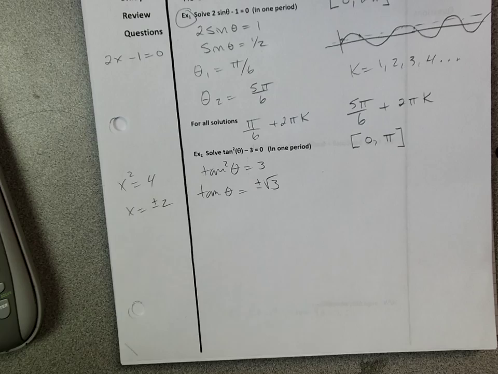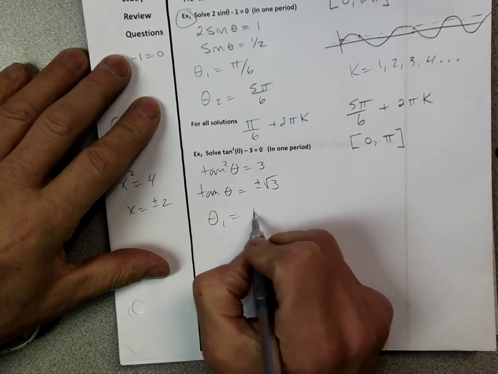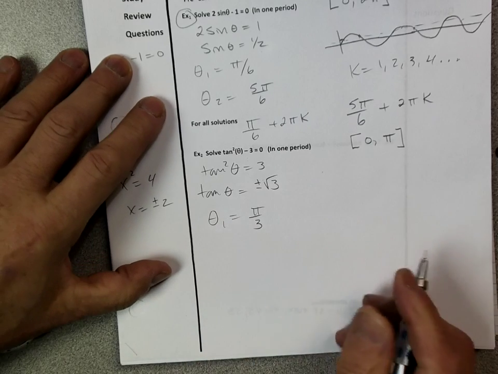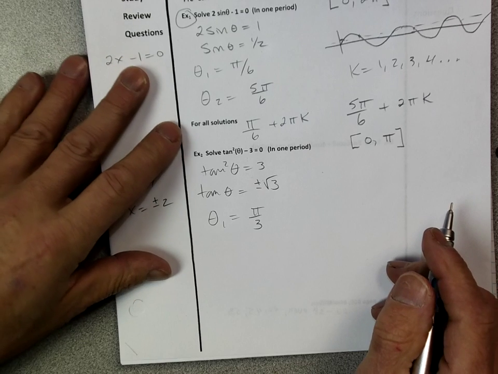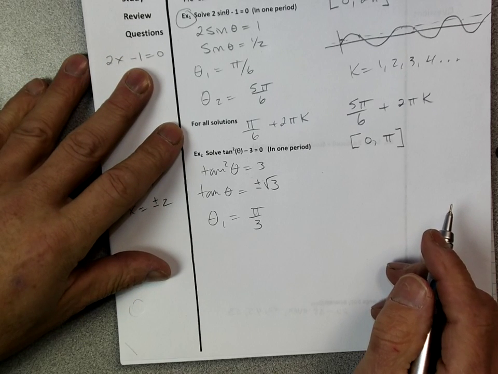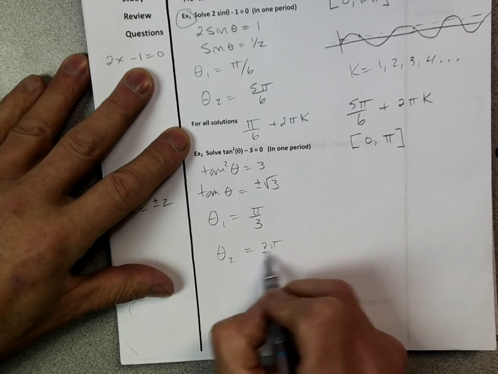So I see one answer, pi/3. Theta 1 is pi/3. And the other answer, for negative square root of 3, would be at 2 pi/3. So theta 2 is 2 pi/3.